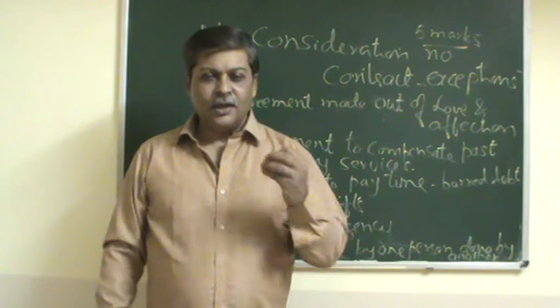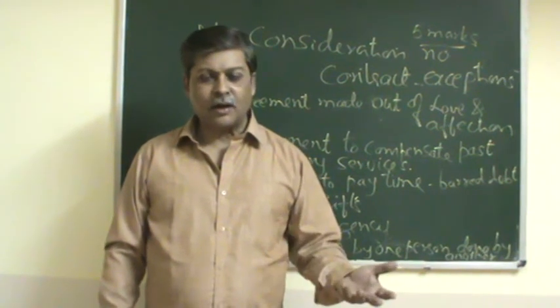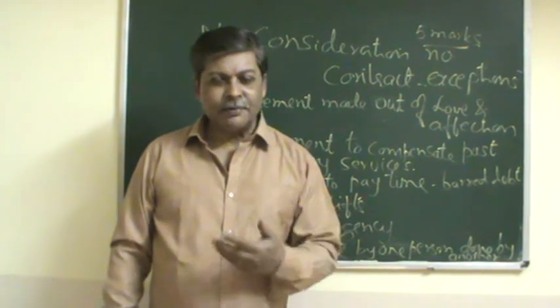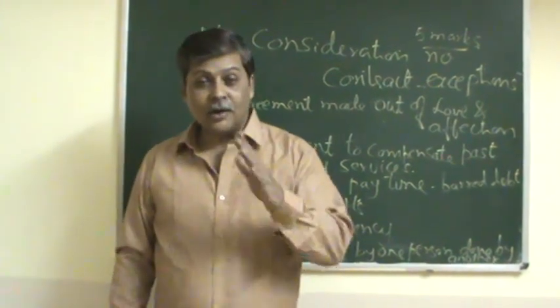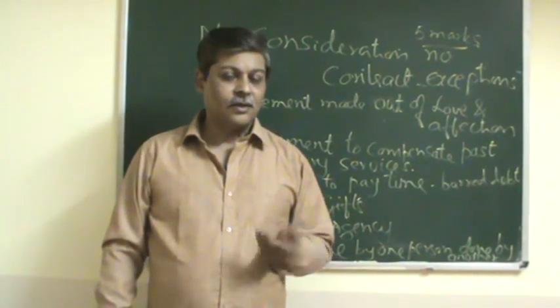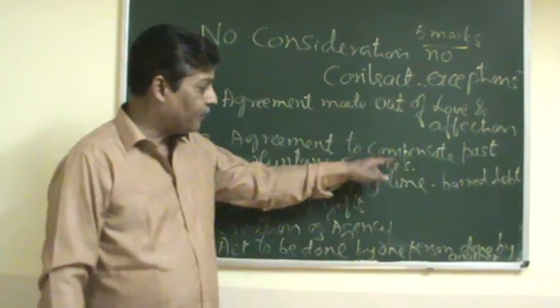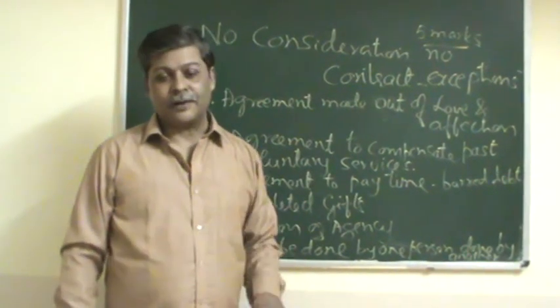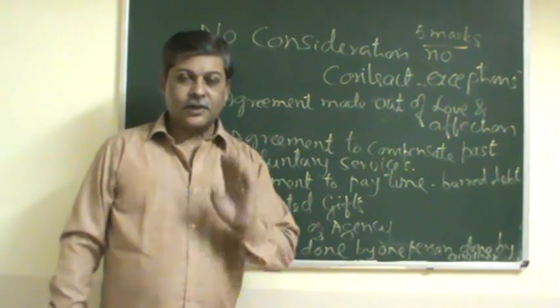But A voluntarily goes and helps B in extinguishing the fire and he saves the house. B says that you have saved my house from burning out and I will compensate your voluntary service, and an agreement is entered. The person is not expecting anything in return. So, any such agreement to compensate past voluntary service, the service is already done.